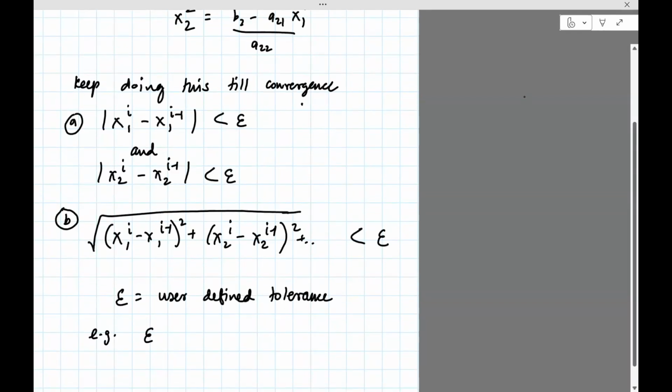Example, if you want it very accurate, you could go 1e negative 6, or you could have 1e negative 3. It just depends on what you want. If you want the solution to be very accurate, you go 1e negative 6. If you don't want it so accurate, you can go 1e negative 3.